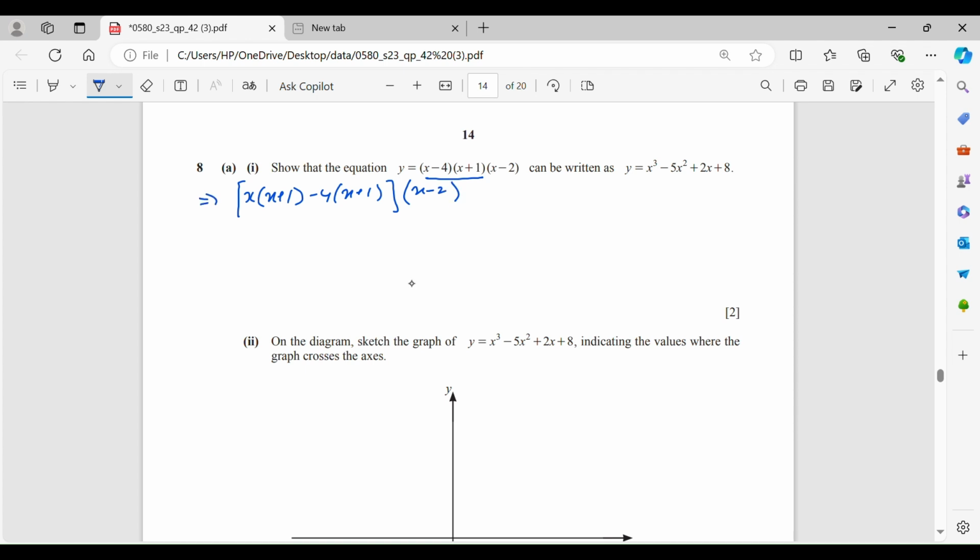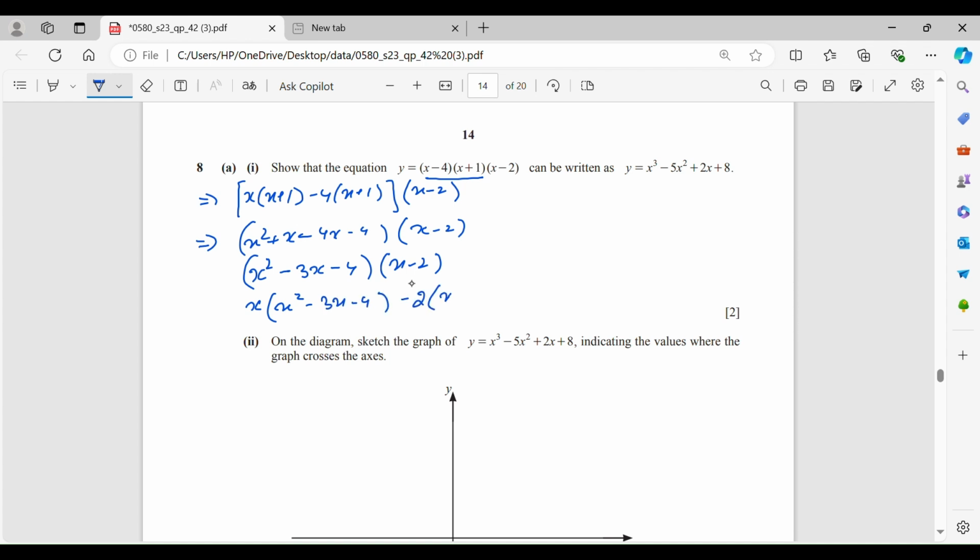So this will be x square plus x minus 4x minus 4. Now this is multiplied by x minus 2. So this is x square minus 3x minus 4, multiplied by x minus 2. So x will be x square minus 3x minus 4, and minus 2 is multiplied by x square minus 3x minus 4, right?